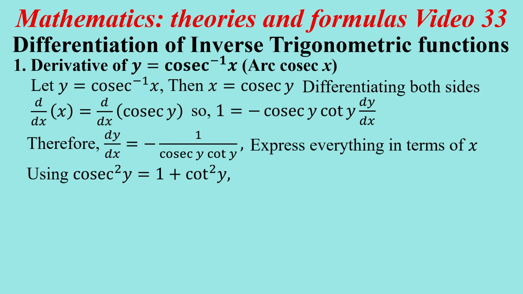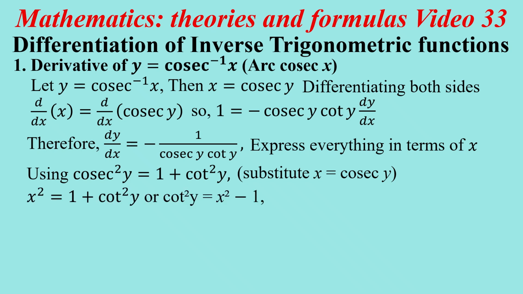And cosec y is already equal to x, so there we don't need to do anything. So substituting x equals cosec y, we get x square equals 1 plus cot square y, or cot square y equals x square minus 1. That means we get cot y equals root under x square minus 1.